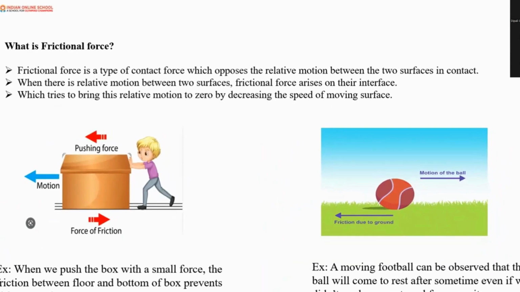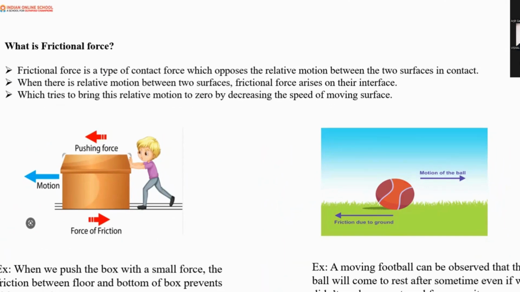So now there are a few points. The first is that friction is a type of force. The second: is it a contact force or a non-contact force? It is a type of contact force.